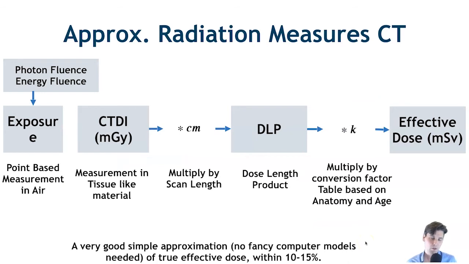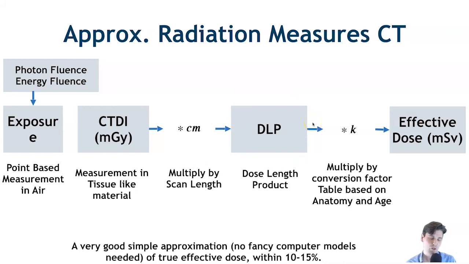Then, once we know the dose length product, we can go to this approximate method to calculate the effective dose. So we calculate the CTDI, that's in milligray. We take that CTDI, we multiply by the scan length, and then that gives us the dose length product like we just talked about, right?